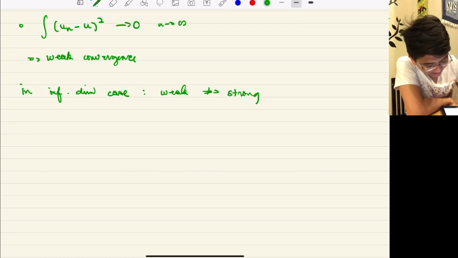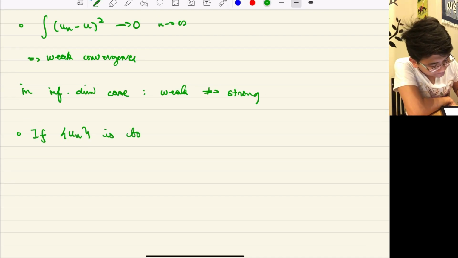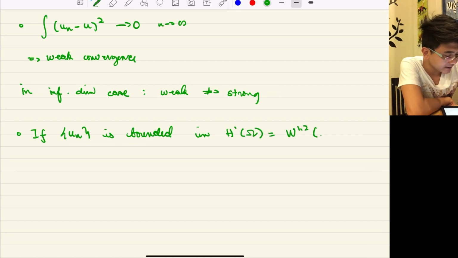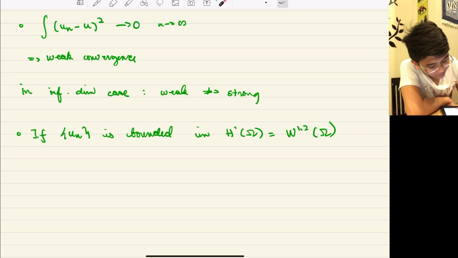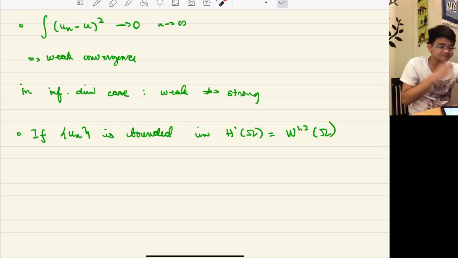So going back to what I was saying, now if you have instead that u_n is bounded in H1, so this is a Sobolev space, just W^{1,2} of omega. Using our notation from earlier, what this means is that the squares of the u_n are integrable and the squares of their derivatives are also integrable.